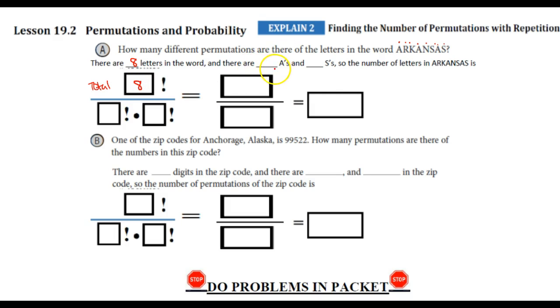How many A's appear? Well, that's 1, 2, and 3. And then how many S's? 2. Alright. So just like I said, we're going to use our Decimals calculator to figure out what these numbers would be, and then what that final value would be, which is the total number of permutations or different ways we can write the word Arkansas.